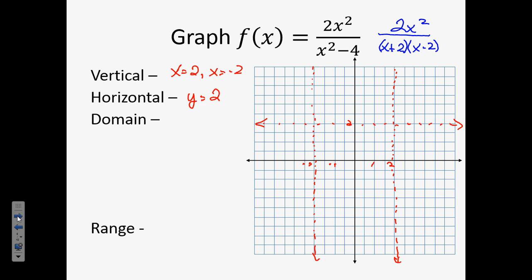So what's our domain? X can't be what? 2 or -2, right? All real numbers such that x is not equal to plus or minus 2 would be one way of saying it.